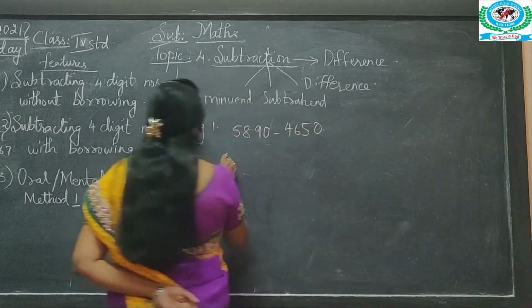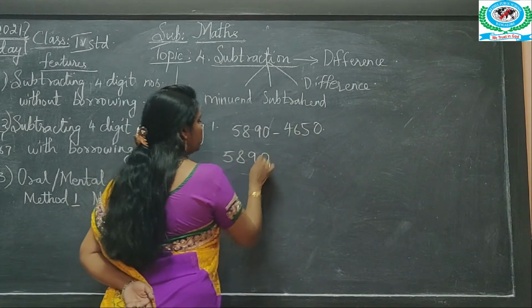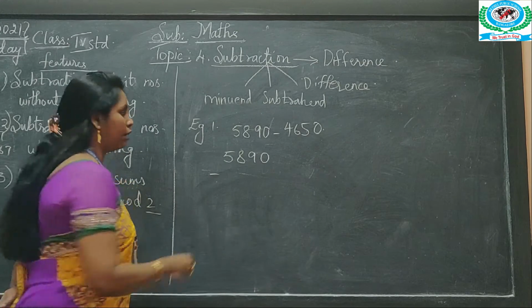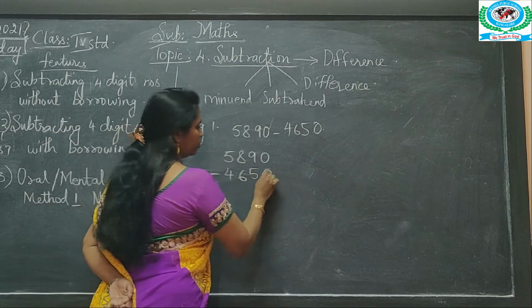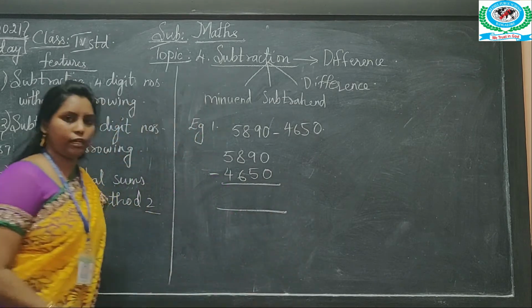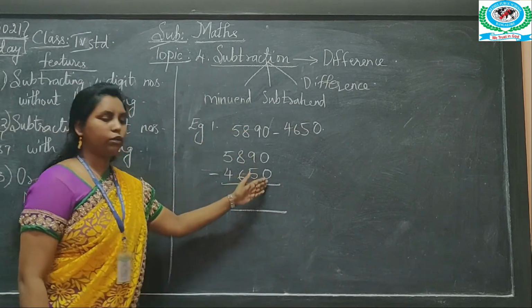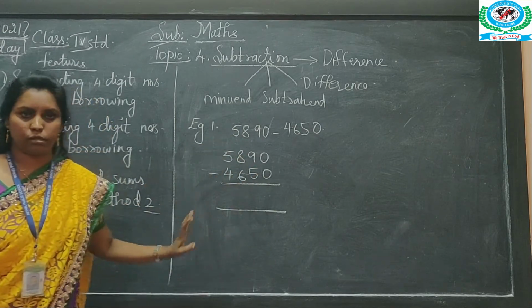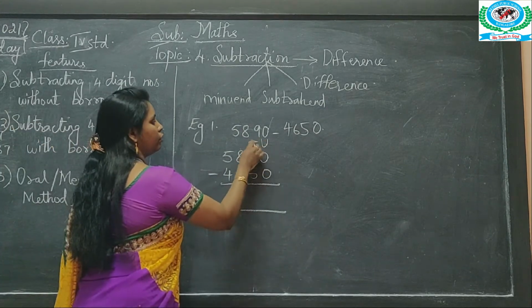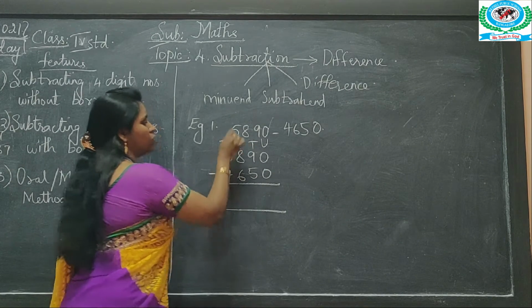So here we have to place them in a place value chart. Okay. So according to the place value chart, we are going to arrange them. Okay. So the numbers should be in the unit place, the other numbers should be in tens, hundred and thousands place. Okay. So this is unit, tens, hundred and this is thousand.